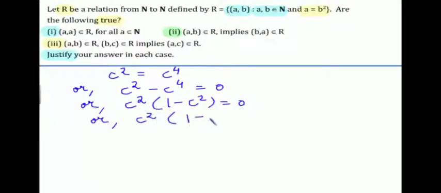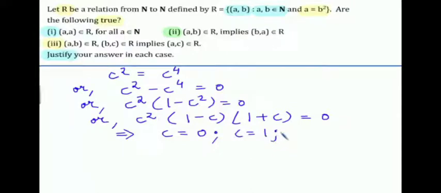So c²(1 - c)(1 + c) = 0, using a² - b². So c = 0 or c = 1 or c = -1. So it's possible only for 0, 1 and -1, but here c belongs to the natural numbers.